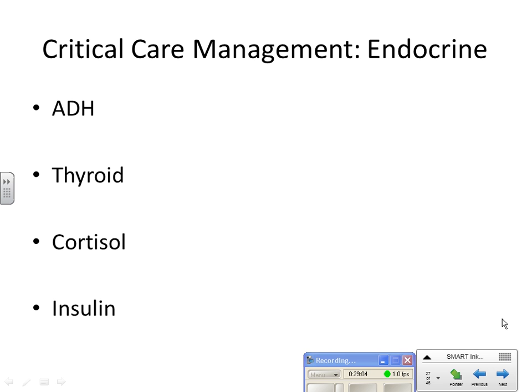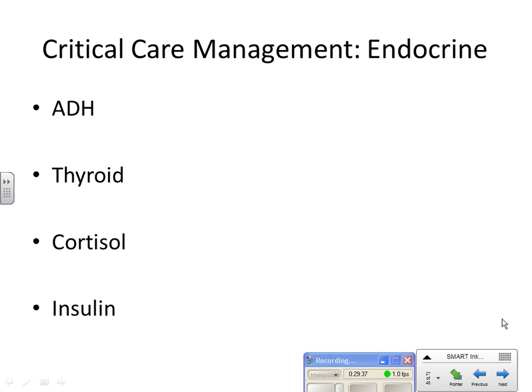And just when you think you've fixed one problem, another one crops up, because their body has just lost its ability to counteract and fight against all these things that are coming at it in terms of bacteria and other stressors that can happen when they're in the ICU. And that's why many patients will die if we can't get them out of this process and restore them back to homeostasis.